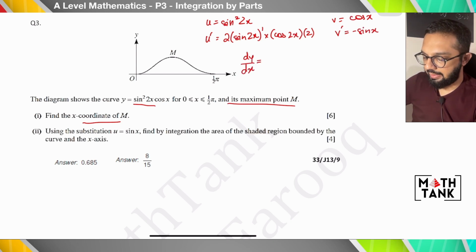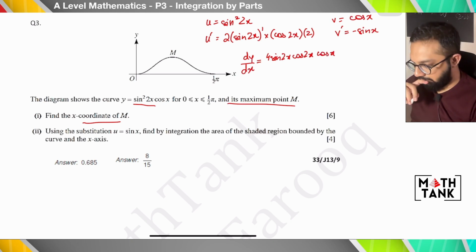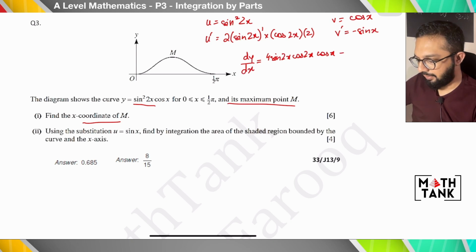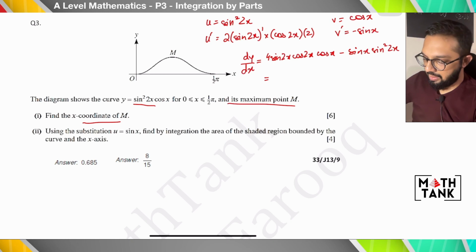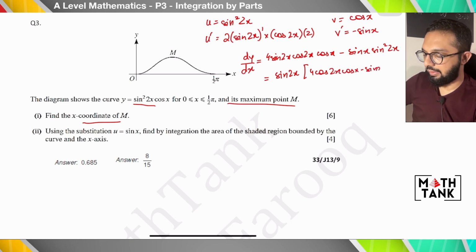So dy by dx is u dash, that's 4 sine 2x cos 2x, v, v dash u. I see something as common, I see sine 2x as common, so I am left with 4 cos 2x cos x minus sine x sine 2x.